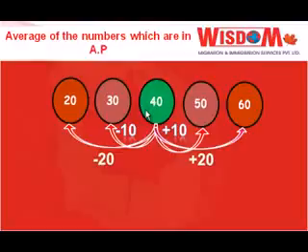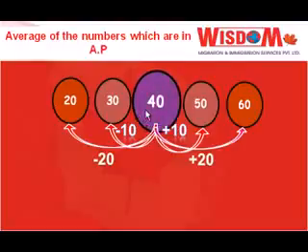Since the adjoining numbers are cancelling each other's deviation out, the middle number will always be the average whenever the numbers are in arithmetic progression. The other way around, I can also say that when the numbers are in arithmetic progression, the middle number and the middle position lie exactly at the same point, which means the middle number will always be the average. So in this question, 40 is the average.